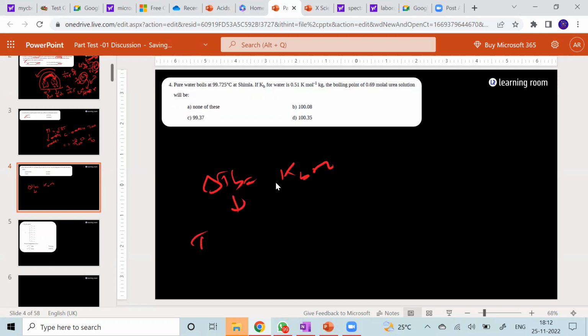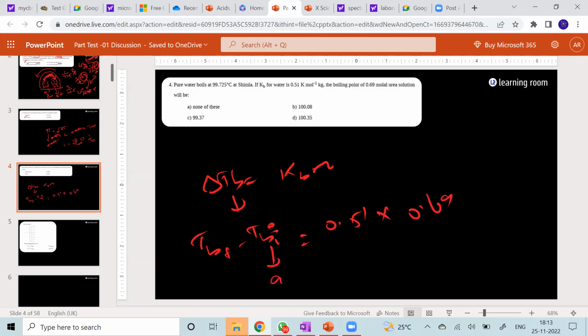So you write it as final boiling point minus initial boiling point, because that only will give you the positive value. Remember, you have to get a positive value. That is equal to Kb, which is 0.51, into m, which is 0.69 molar.